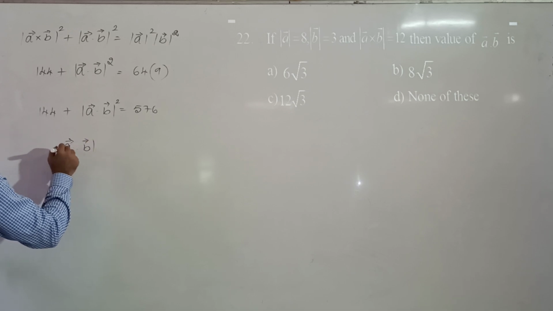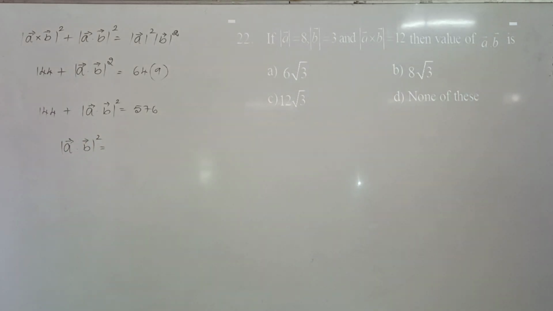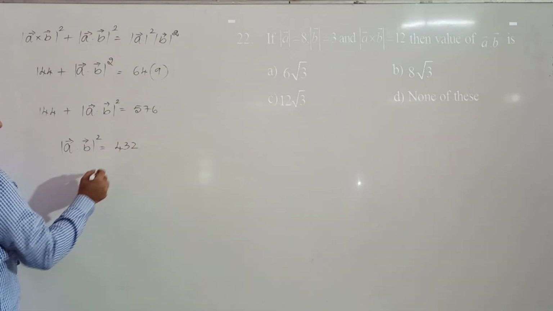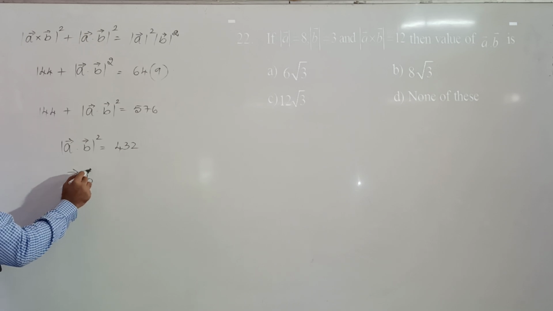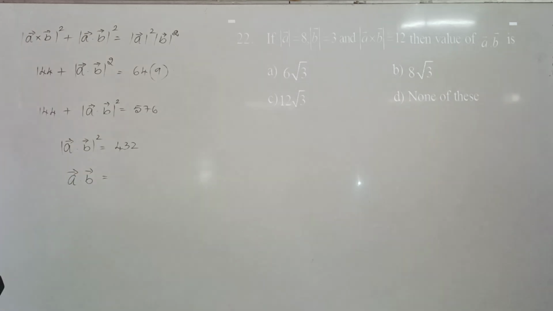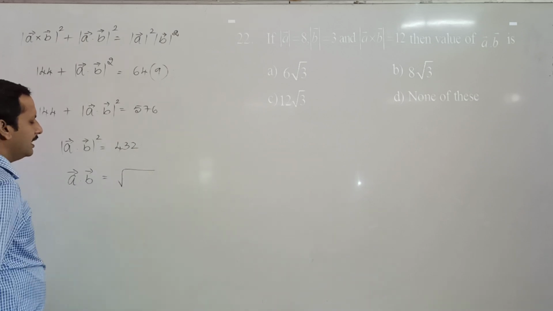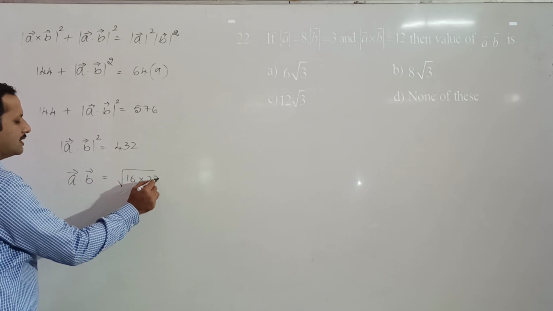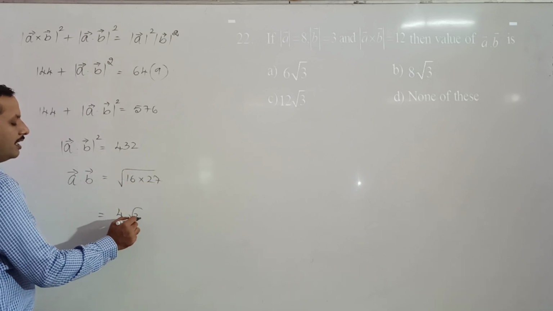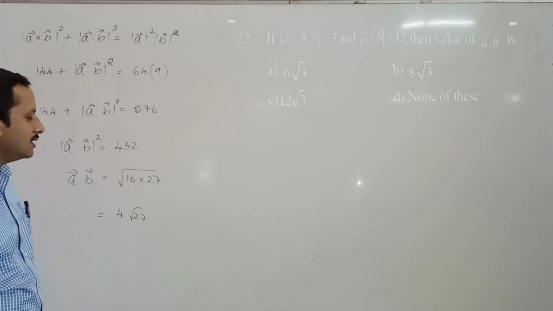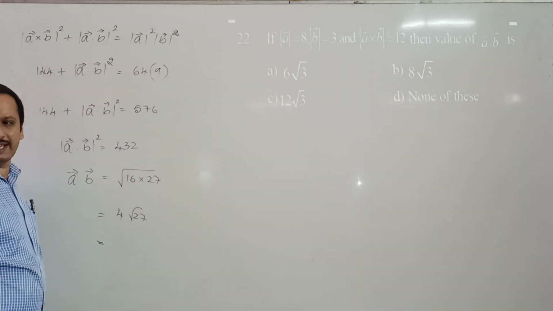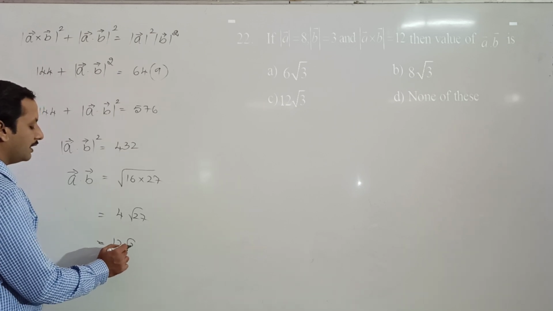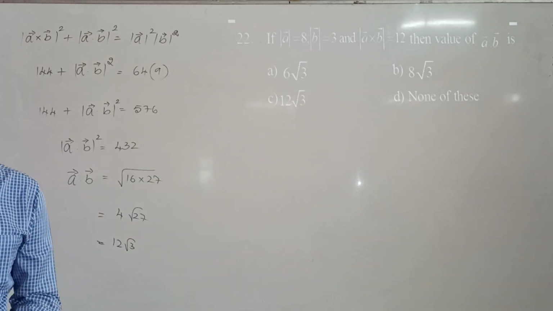A dot B whole square is equal to 576 minus 144, that will give you 432. So magnitude of A dot B is equal to square root of 432. 432 I can write as 16 into 27, so it will become 4 root 27. Do we have to substitute 4 root 27? No. Write 27 as 9 into 3, so that will give you 12 root 3. Okay, option C.